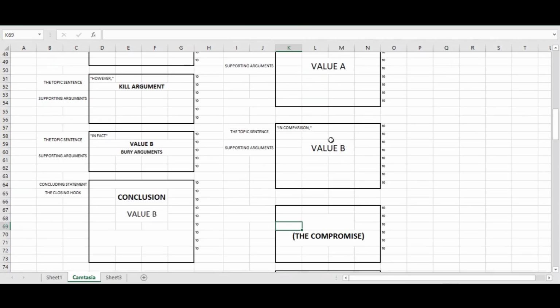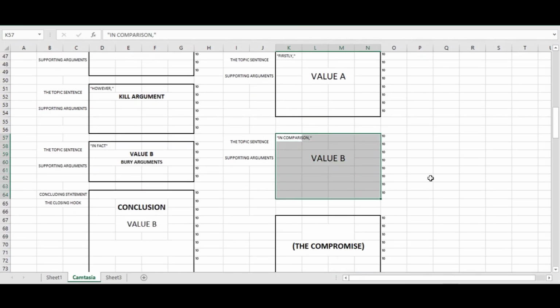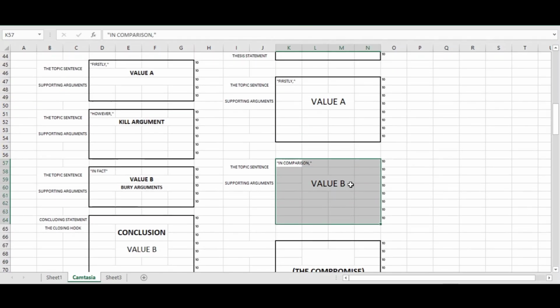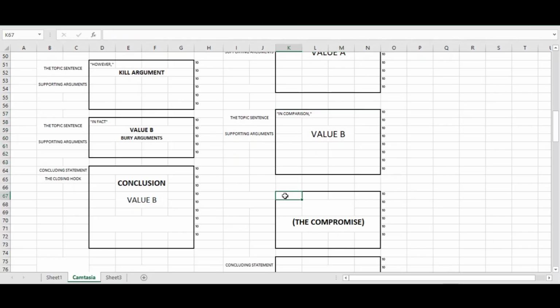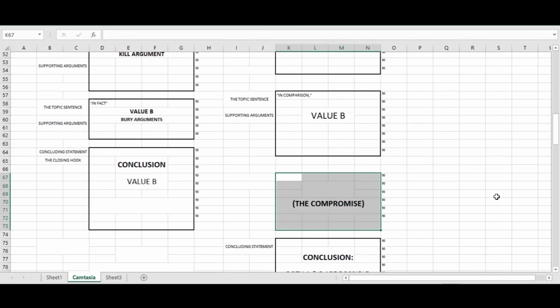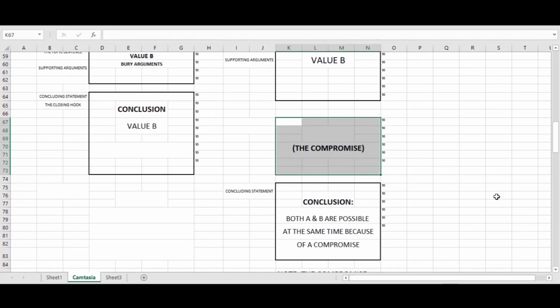Ideally, these two arguments are very equal, so the only way to resolve this controversy is to use the compromise. That will allow the win-win, or both of them, to be applied at the same time, with some form of meeting halfway. That's what you call the compromise, and then you conclude the essay accordingly.